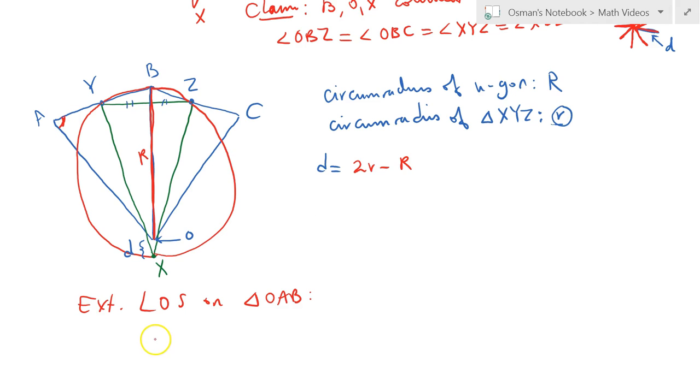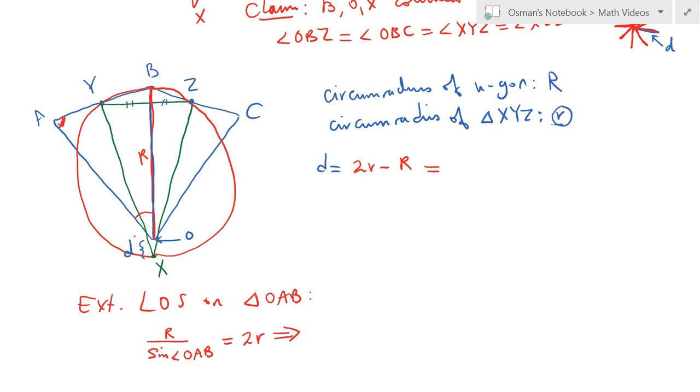So R over sine of angle OAB is equal to 2 times the circumradius of triangle OAB, which is the same as the circumradius of triangle XYZ, because these are congruent triangles. So 2 little r.